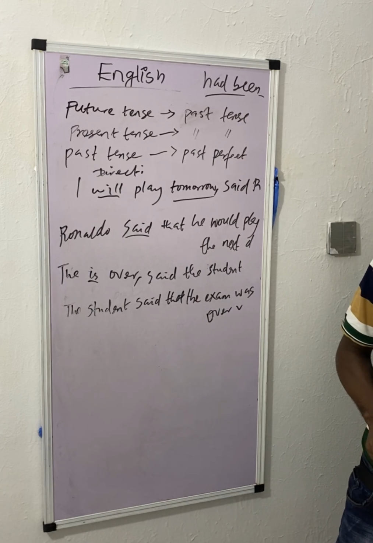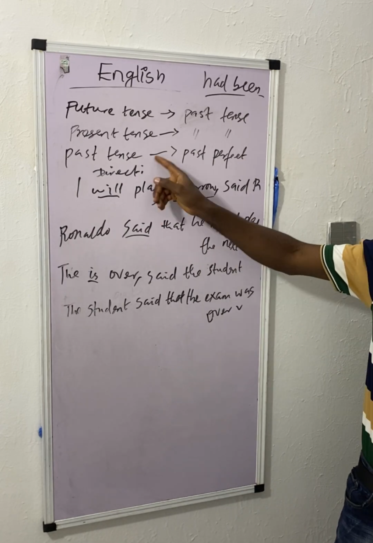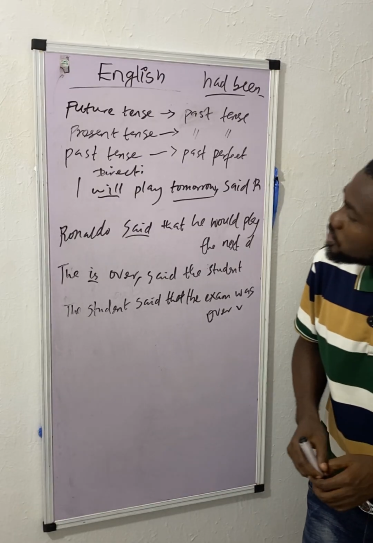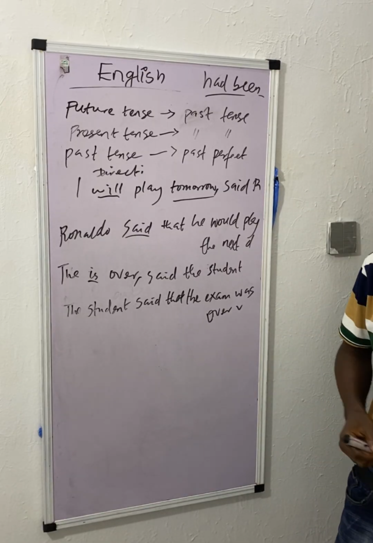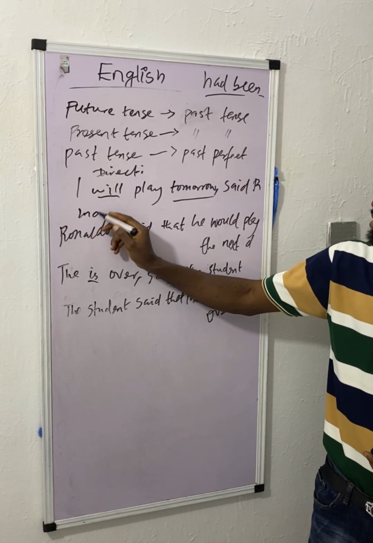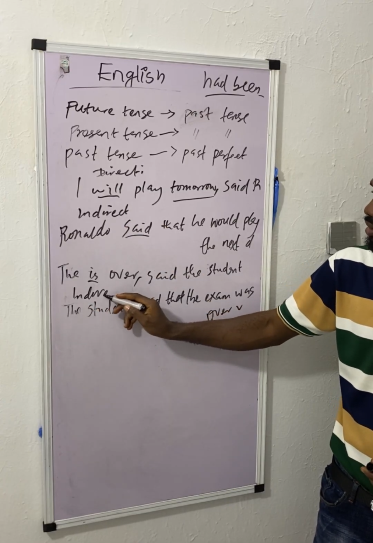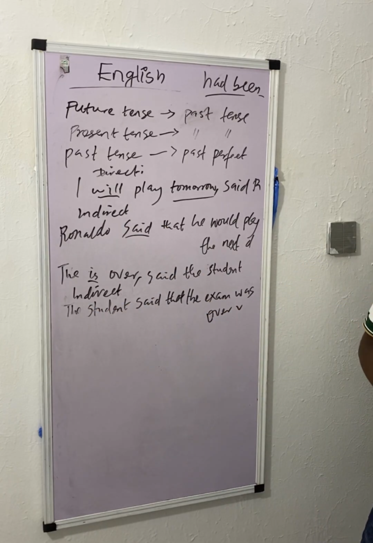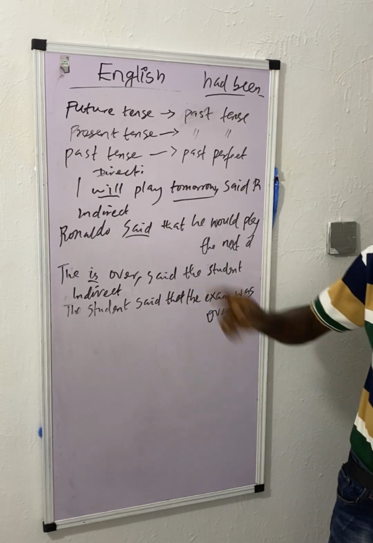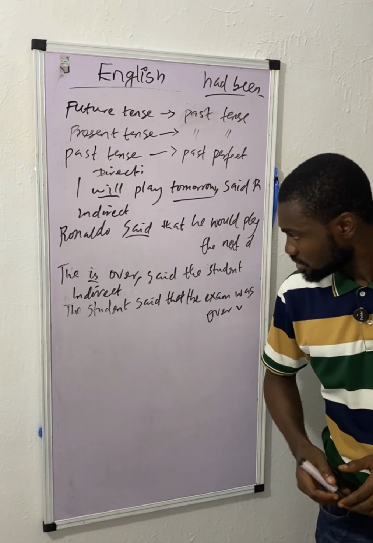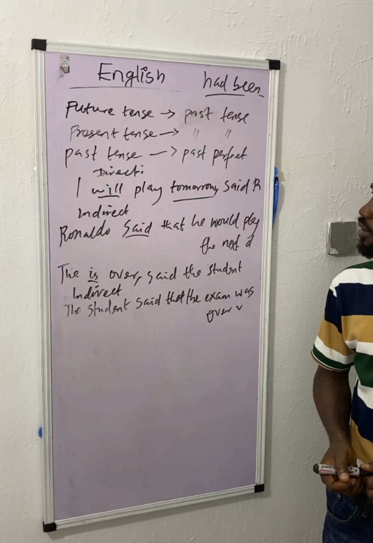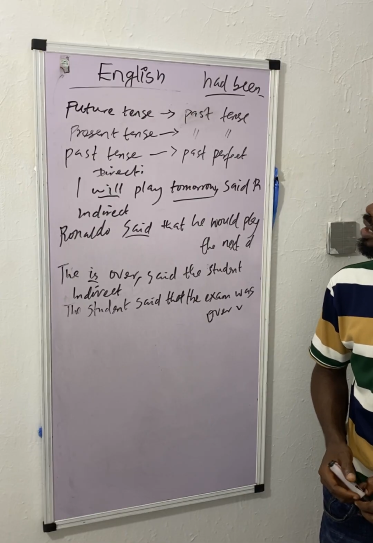This one is a past perfect form. So we are going to bring in a direct speech with past tense. This one is direct. This one is indirect, or reported speech.